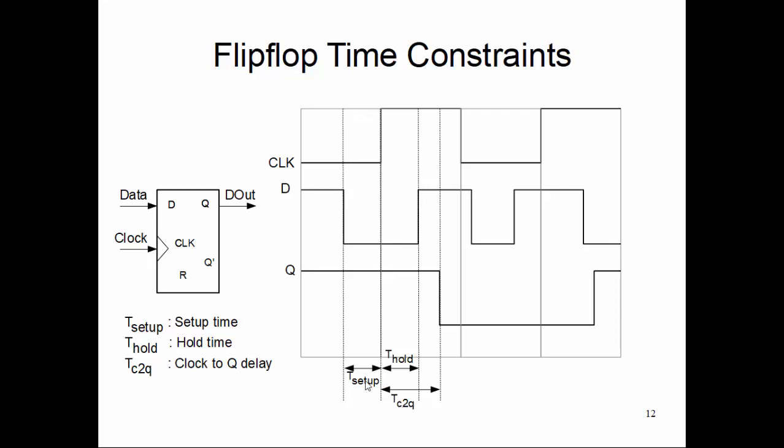So as soon as this clock goes up, things don't get into my output, not for the flop, not for the latch. It has a delay around it. So it has a minimum delay after which your new data will be reflected onto the Q. So that time is your clock to Q delay.